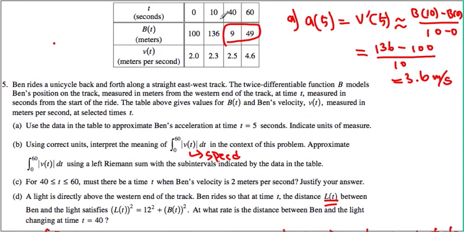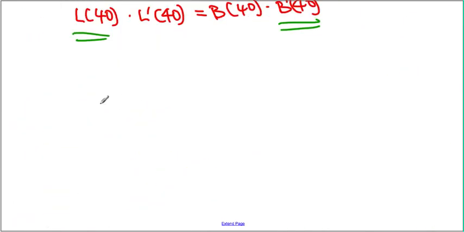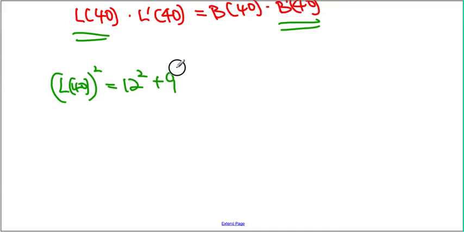You see, when time was equal to 40, B was equal to 9. So here we have L of 40 square will be equal to 12 square plus 9 square. Then you will realize that this must be equal to 225, which makes L of 40 equal to 15.